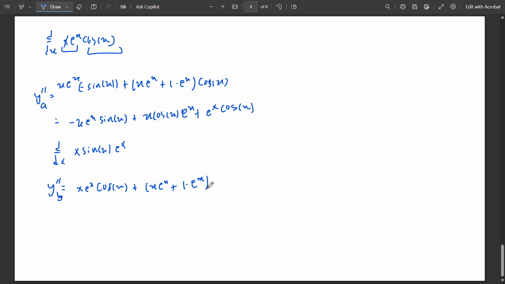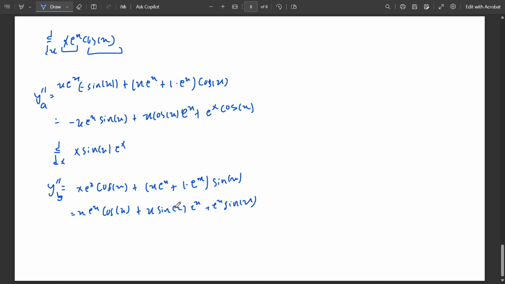Okay, we have a sine times sine of x. Simplify this more, plus x sine of x e to the x plus e to the x sine of x.